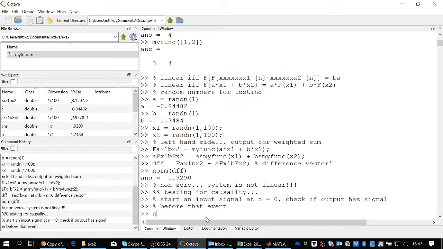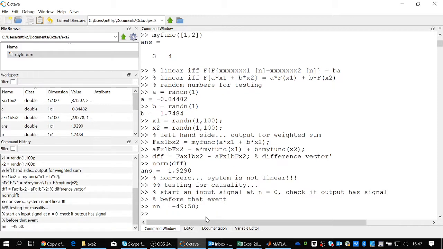So we can take the index from minus 49 to 50, and then take the x3, for example, so that it's x1 dot times double of n greater than or equal to 0.